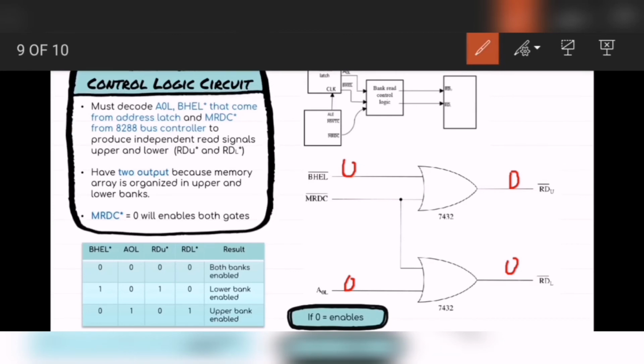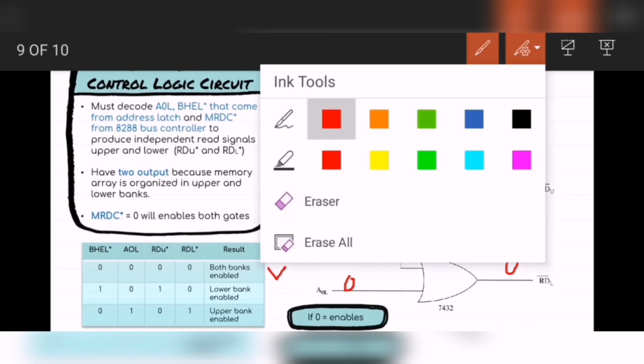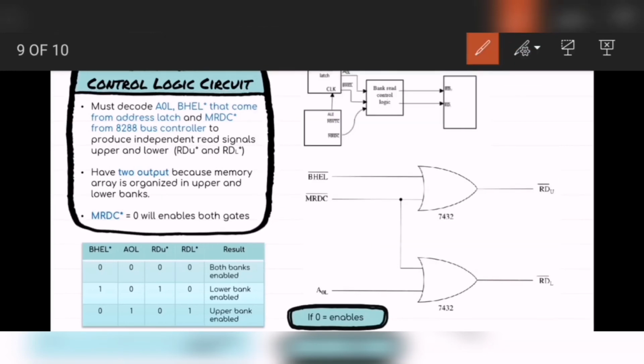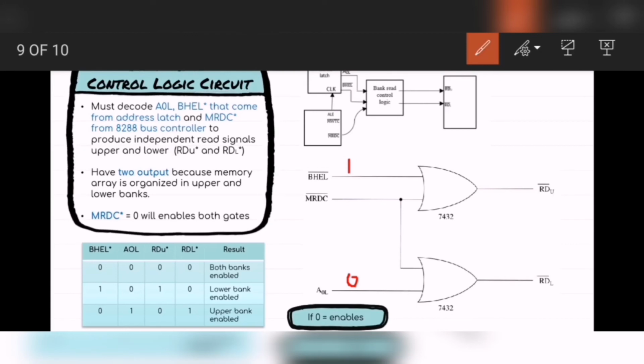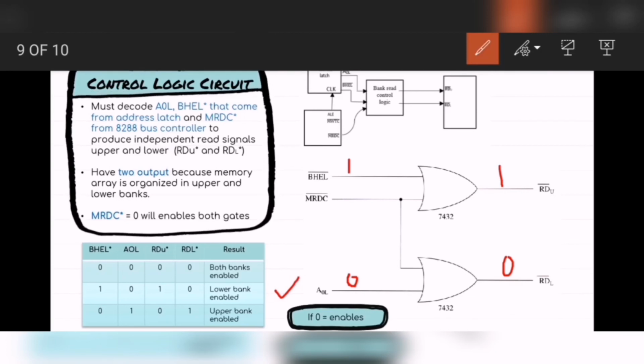That's why if BHEL and A0L are equal to 0, both banks will be enabled here. Next, if BHEL equals 1 and A0L equals 0, the output of read upper will become 1 and read lower will become 0. It means that the lower bank will be enabled here, because read lower is 0.